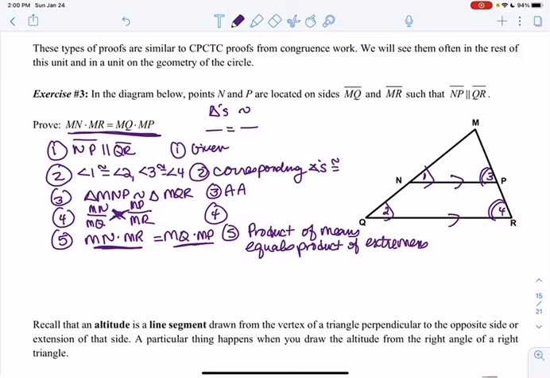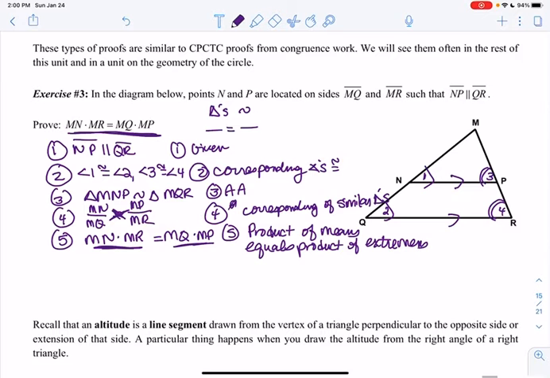Now, the reason that's true is because I know the triangles are similar, and the corresponding sides of similar triangles are in proportion. There is no short little CPCTC thing to write here.